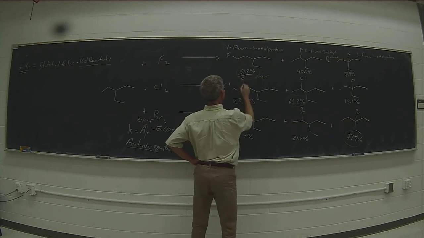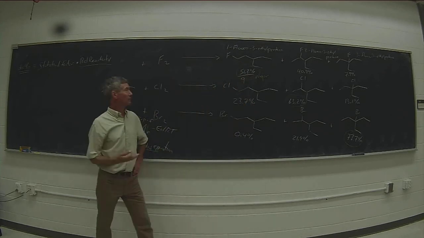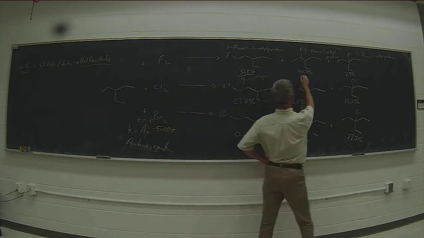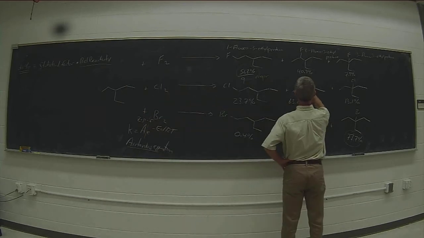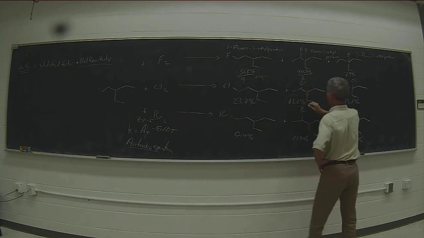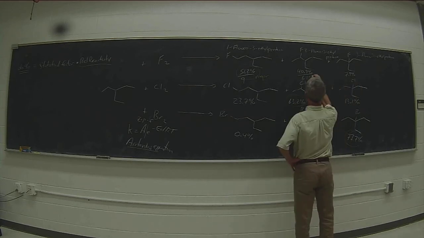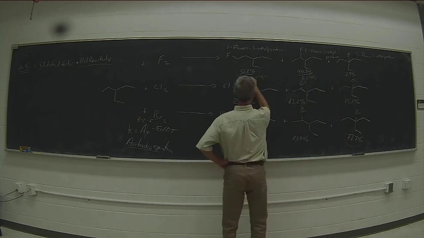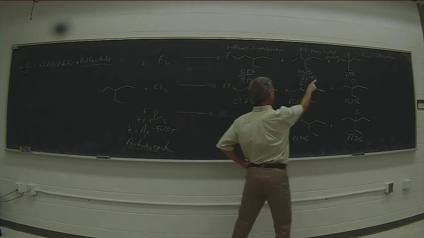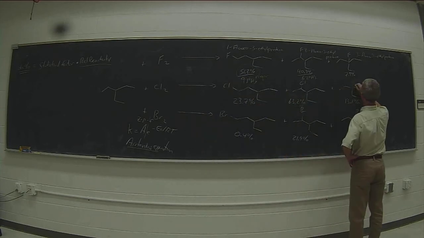We can divide 51.2% by the 9 primary hydrogens. There are 6 secondary hydrogens, so we will divide 40.9% by the 6 secondary hydrogens. And there's only 1 tertiary hydrogen.